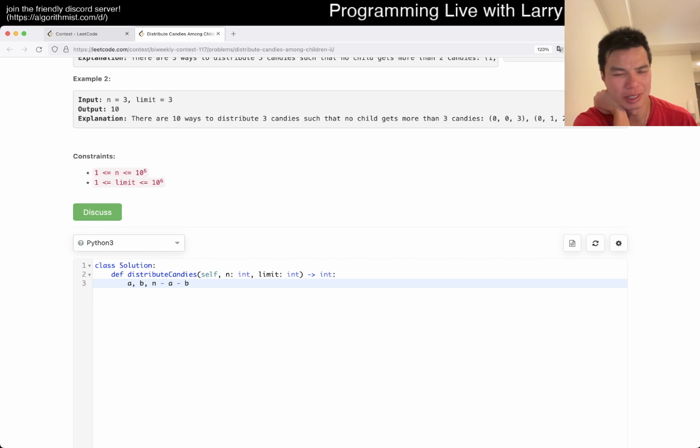I'm gonna feel so dumb when I find out the answer, but I'll hopefully figure it out. Is it case analysis? What is the case?